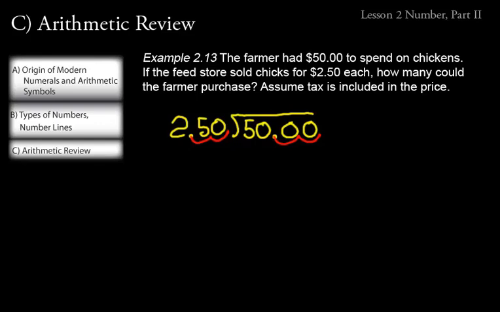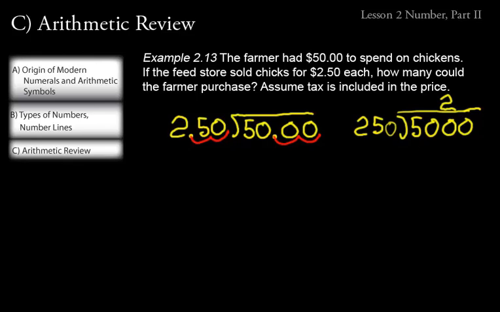So we've multiplied 2.5 by 100. We need to do the same with the 50. Multiply it by 100. And so we could even just rewrite this problem, 250 into 5,000.